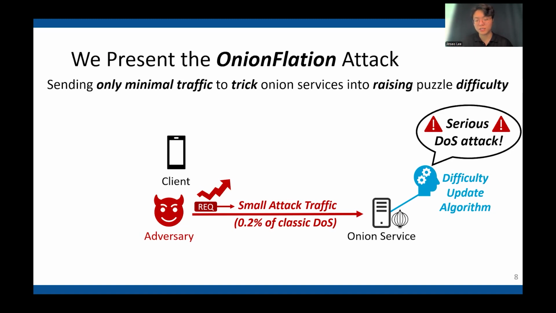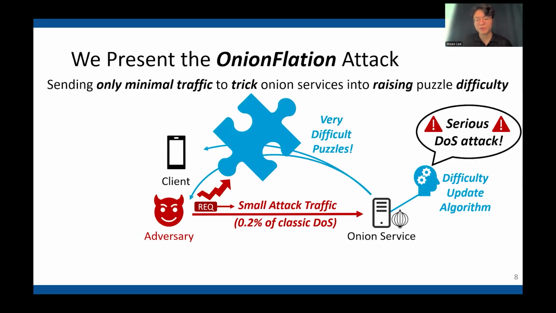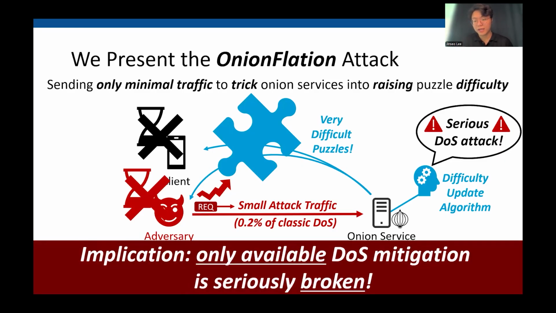When the puzzle difficulty skyrockets, everyone, including benign clients, must solve these very difficult puzzles, which results in significant delays in their waiting time. Through this attack, we have completely broken the only available DoS mitigation at the moment.